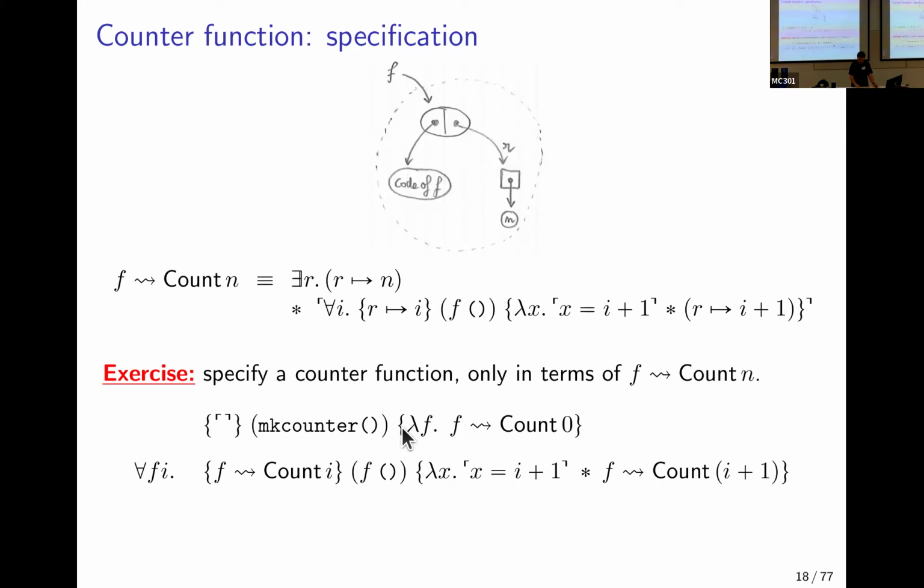It's not in the postcondition, it's just a property of count: for every f and i, if f points to count of i, when we apply f, we get back f points to count of i plus 1. So we package things up in a representation predicate. That's quite common.